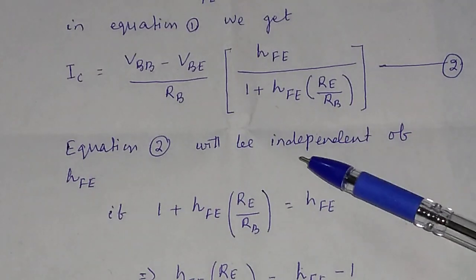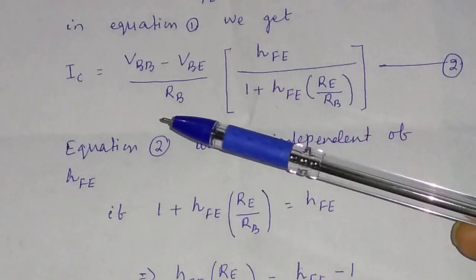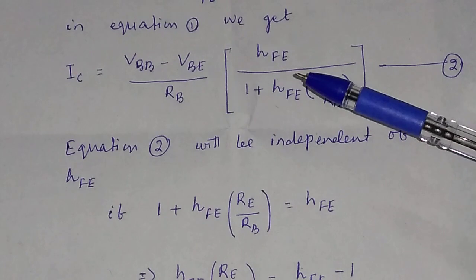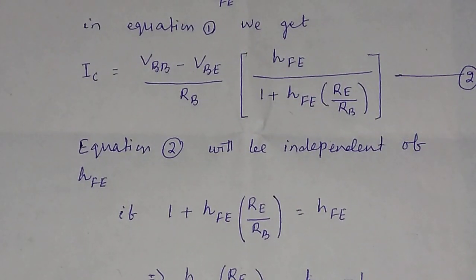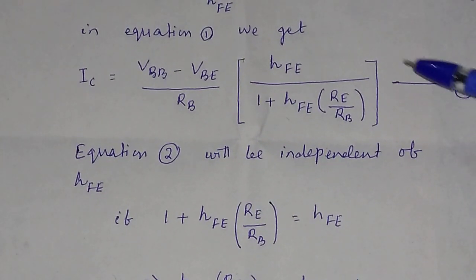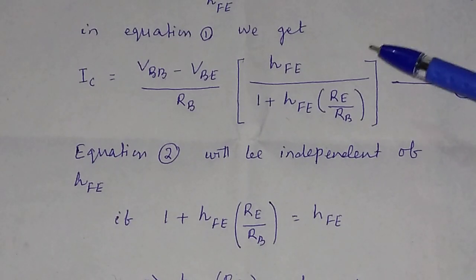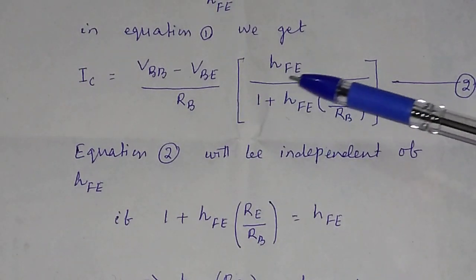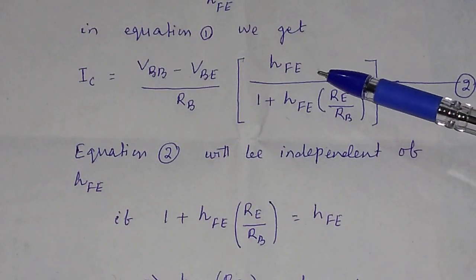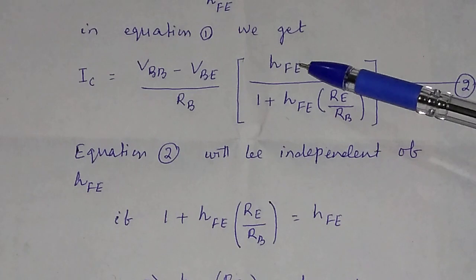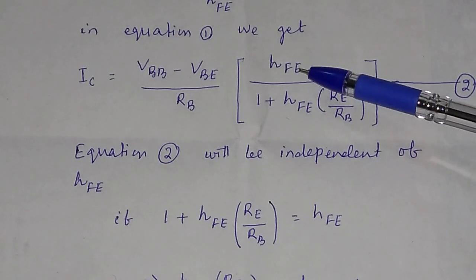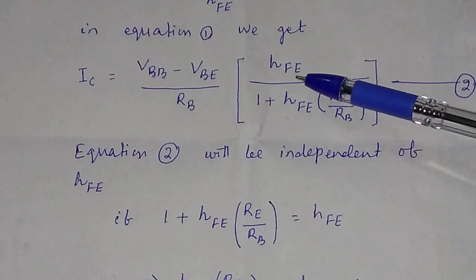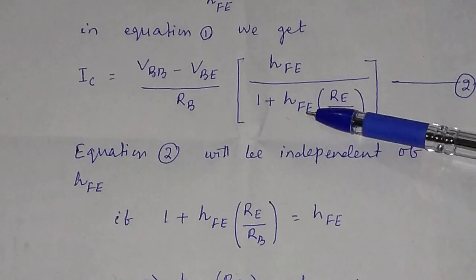And since this IC value, that is the collector current, is independent of the forward current gain, HFE, that is why the voltage divider biasing is more suitable, where you have no change in the Q point or quiescent point or the operating point.